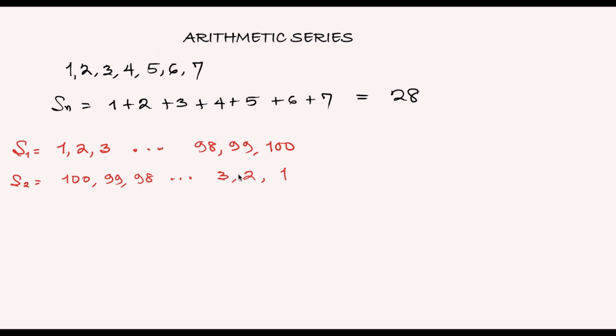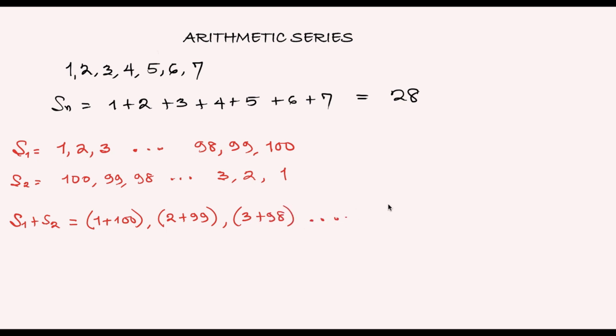We just inverted it. Now, if we add both sequences together, we have that S1 plus S2 is equal to 1 plus 100, and then we have 2 plus 99, and then we have 3 plus 98.